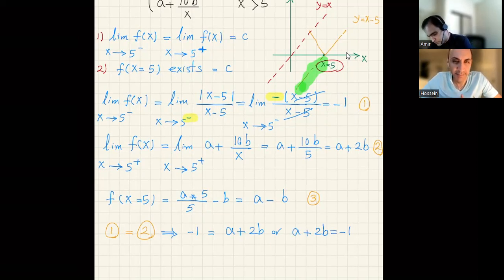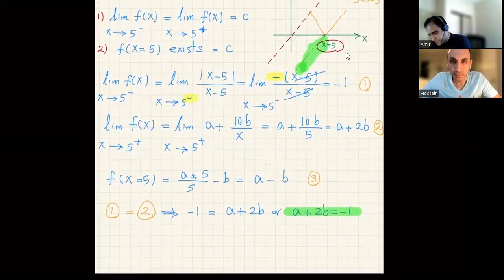So this one equation. The other one is that the value of the function should be equal to the limit value of that function. So using the value that is the one that you got in number 3, yes, A minus B. Correct.